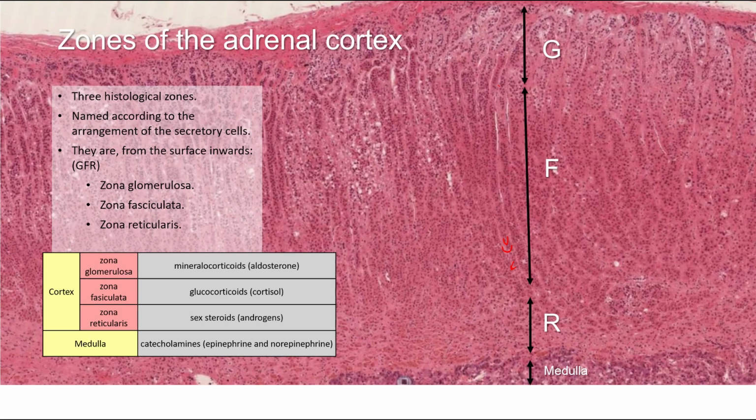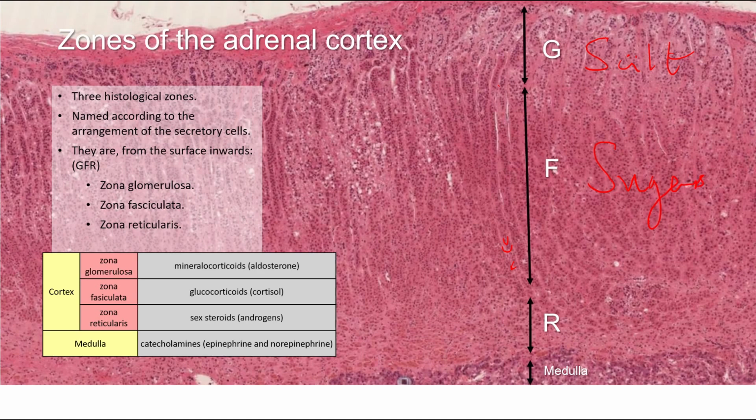The zona glomerulosa secretes the mineralocorticoids, like aldosterone, and these control the level of salts in the body. The zona fasciculata, which is controlled by ACTH from the adenohypophysis, secretes the glucocorticoids like cortisol, and they control the level of sugars in the blood.